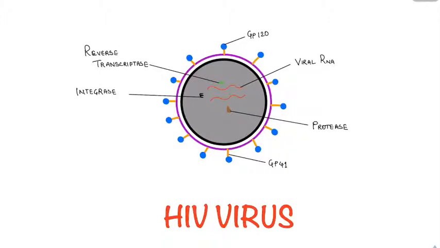Now, as we know, the HIV virus in the human body primarily infects the CD4 plus cells. To study the HIV life cycle, we will look at how the HIV virus infects the CD4 plus cell. At the surface of the CD4 plus cells, we have two types of receptors, CD4 receptors and chemokine receptors.